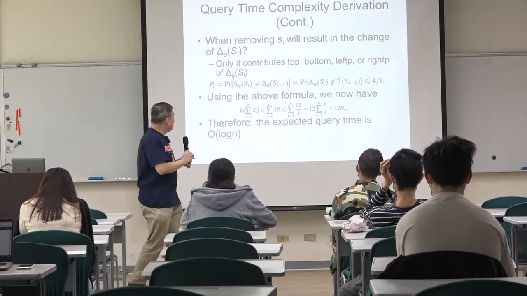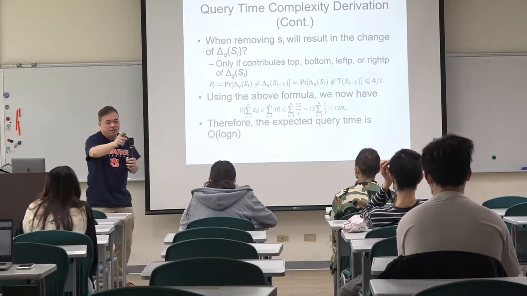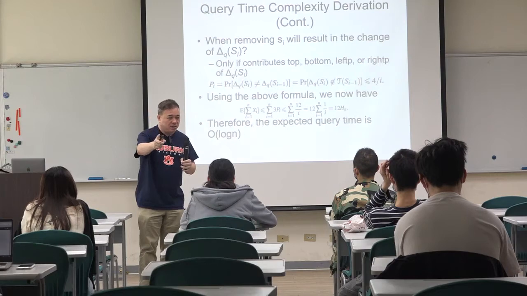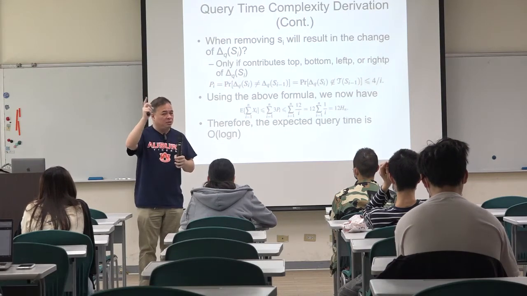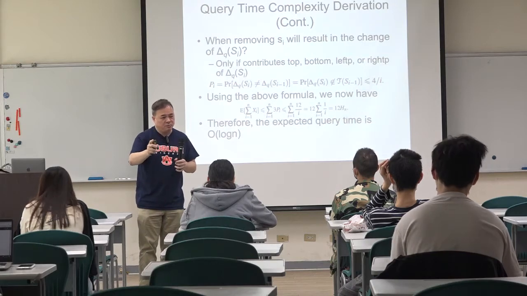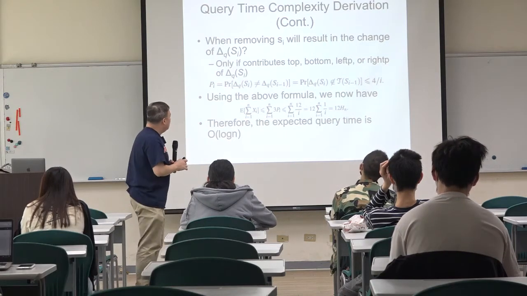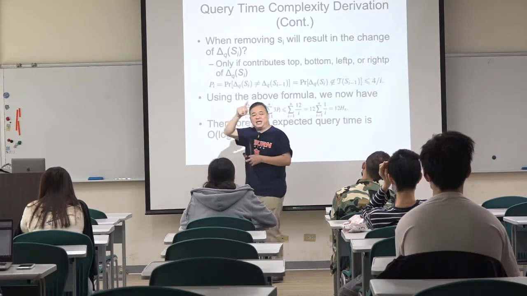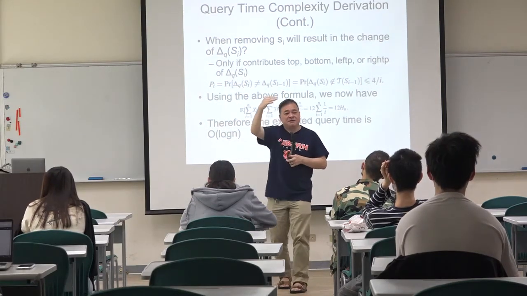And now it's the interesting part. We need to make use of the property of the randomized algorithm, because currently we have i segments. We already added i segments.